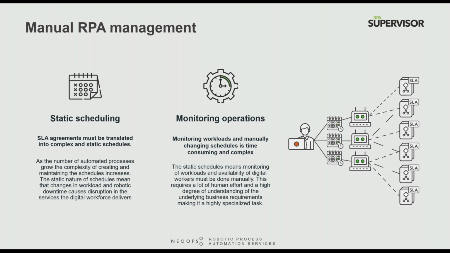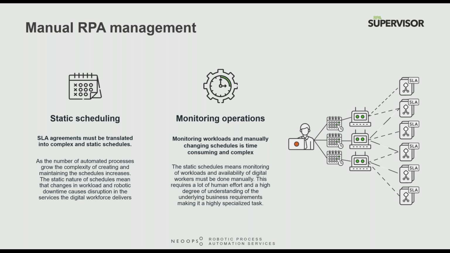The same applies for monitoring the operations. Again, when you are starting small, you say, I can handle my robots. I have 1, 2, 3 robots, but you can imagine what is going to happen when you grow. Your robots are 6, 10, 15, 30, 50. Then the monitoring is really challenging and almost impossible to handle by one person.